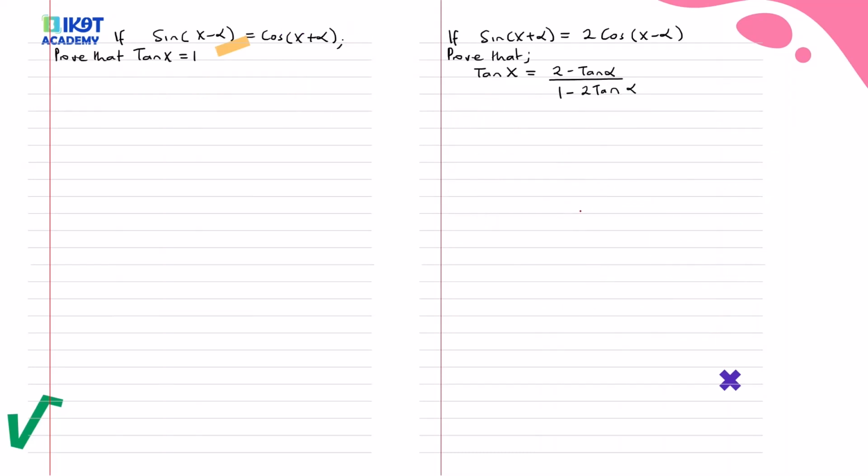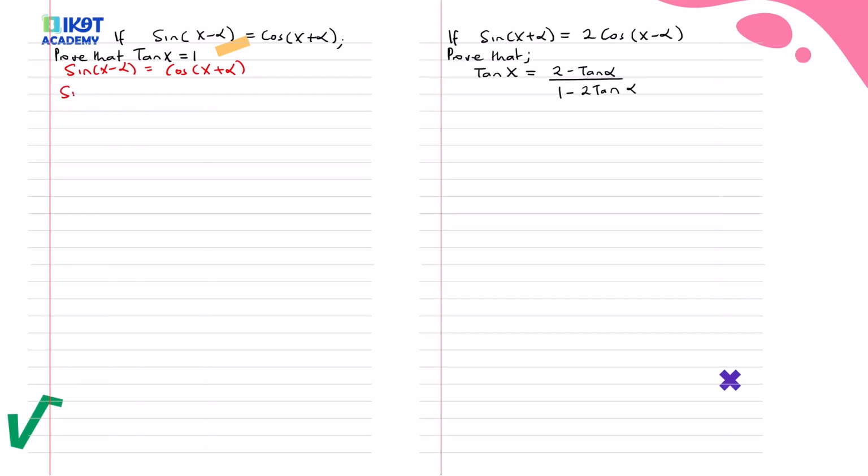So here we have, if sine of (x minus alpha) is equal to this, prove that tan x is equal to 1. We're going to use the same thing: we expand the identities we have, and after expanding, we collect like terms to look for what we want. I was going to pause the video, but since it's the second example, we can expand together.